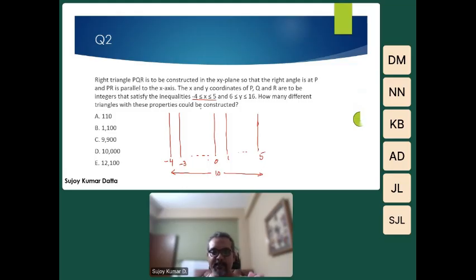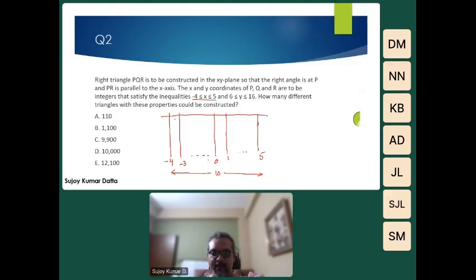Similarly, if you look at the horizontal lines, the y's, from 6 all the way till 16, there are 11 lines. Why 11? 16 minus 6 plus 1, because we are counting both.